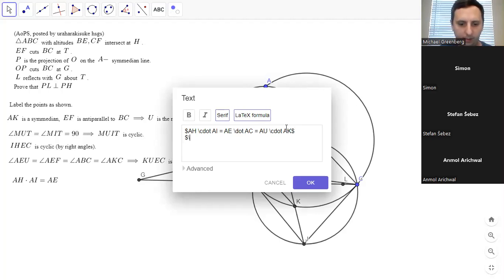And that means that 2AM times AI is equal to AU times 2AP, which implies AM times AI is AU times AP.